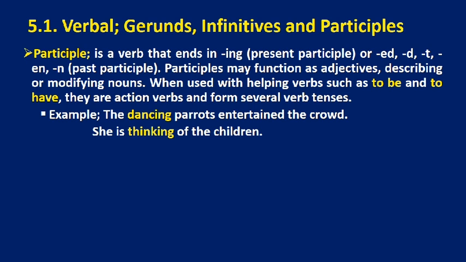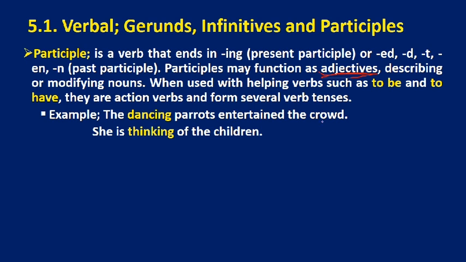Past participle is the past perfect form, like stolen from steal. As we saw last time in unit 3, participles can function as adjectives. Equally, coming together with verb to be or verb to have, they can show us tenses. For example, in the first sentence we have the dancing parrots entertained the crowd.